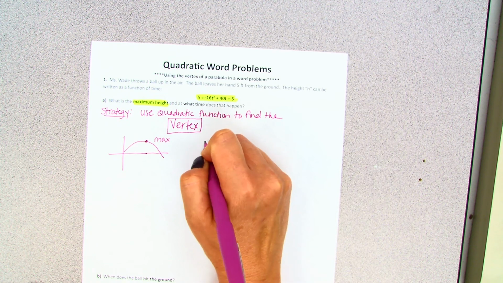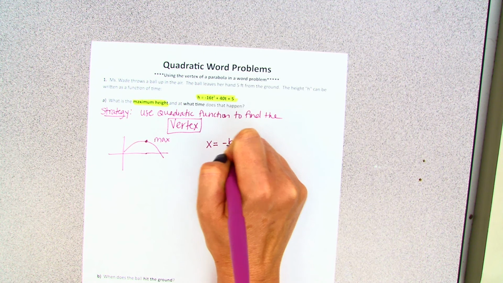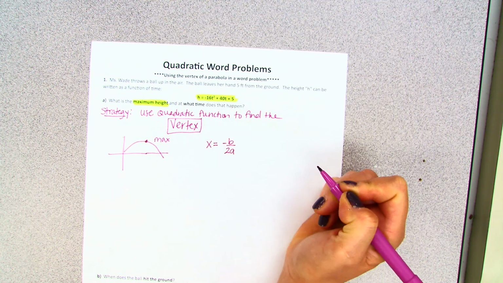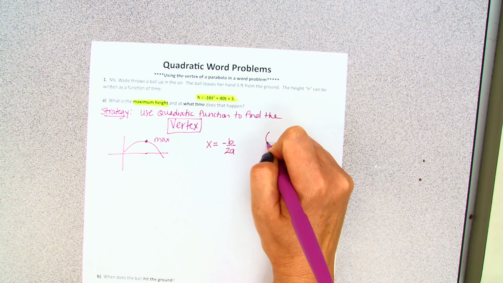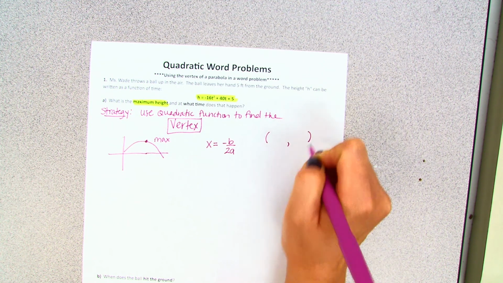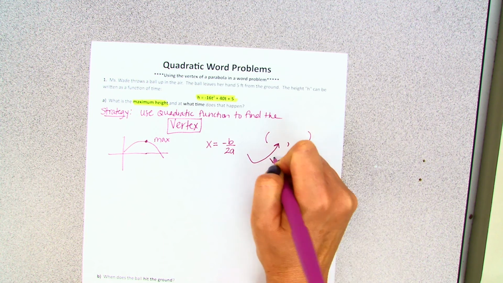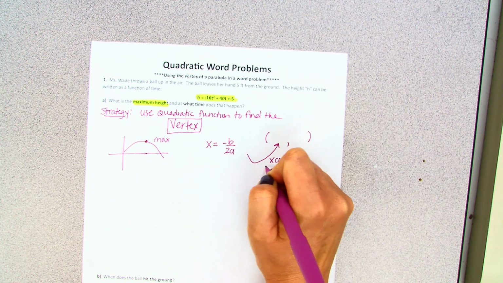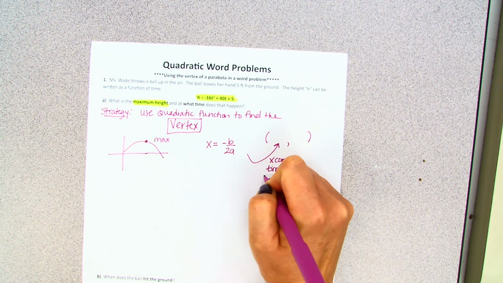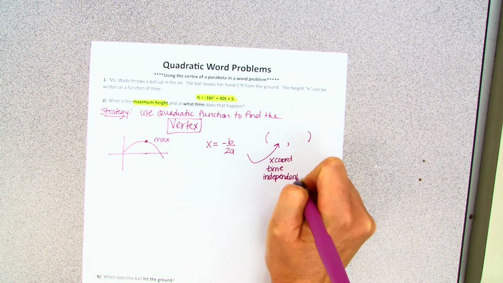Now, to find the vertex, you've learned a few things last week, but the most useful in this case is x equals negative b over 2a. If you do that, you find the x coordinate, and then you can plug that in to find the y coordinate. The x coordinate in most of these cases is the time, but in all cases, it's the independent variable.